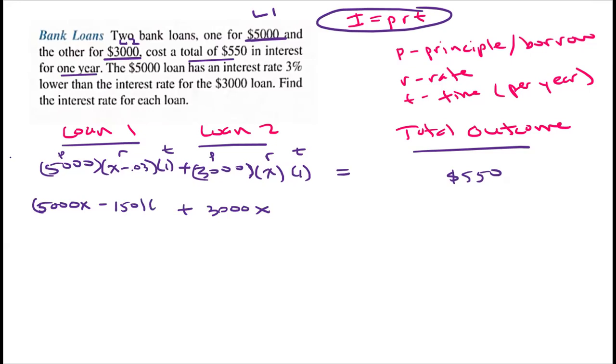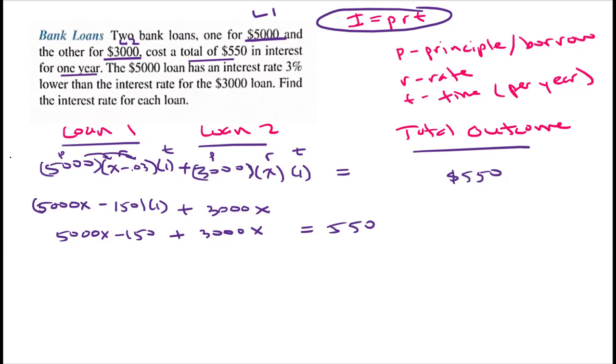If you want to bring down the 1, you can, but this whole thing is just going to be the same, right? I'm distributing this, multiplying by 1, we get the same thing. Equals 550.